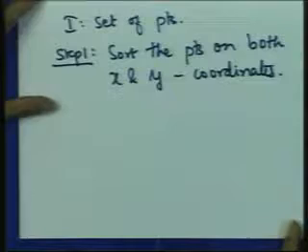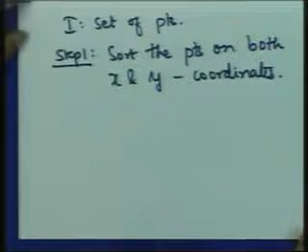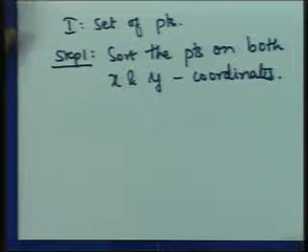At this point I would like to make an assumption, which is that every point has a distinct x coordinate and every point has a distinct y coordinate, which means if I take any vertical line, at most one point lies on it. If I take any horizontal line, at most one point lies on it.